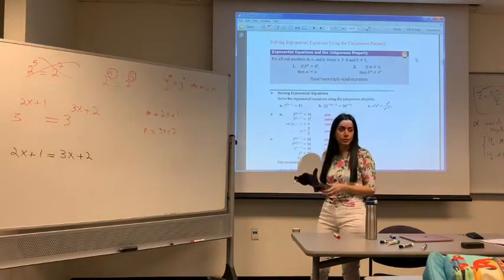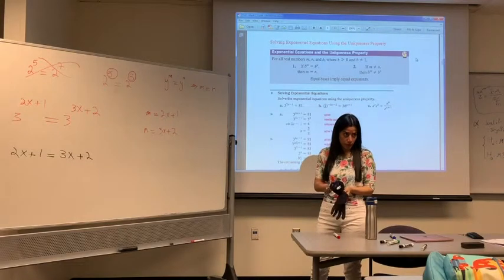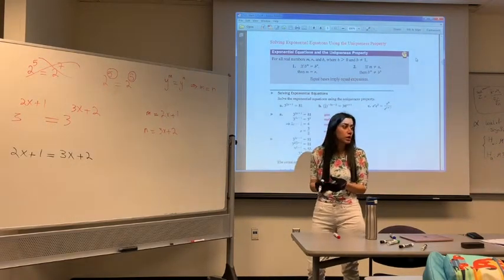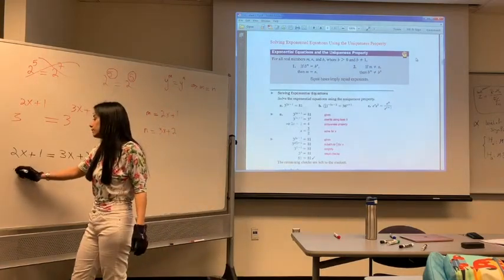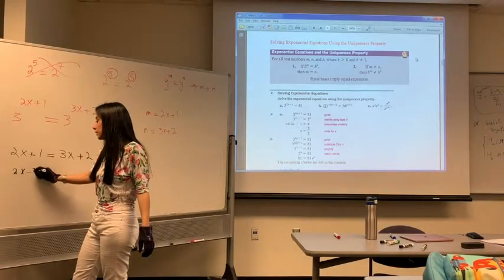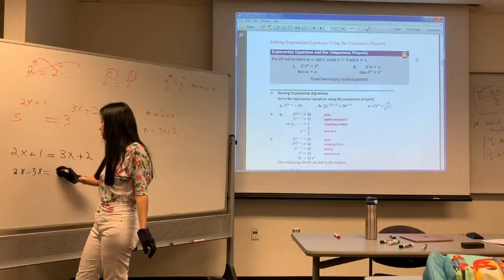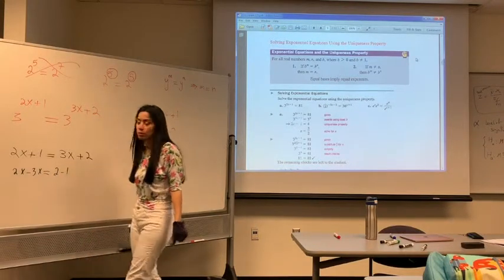So what you do, you bring all the x values to one side and constants to the other side to solve for x. So you will have 2x minus 3x equal to 2 minus 1.